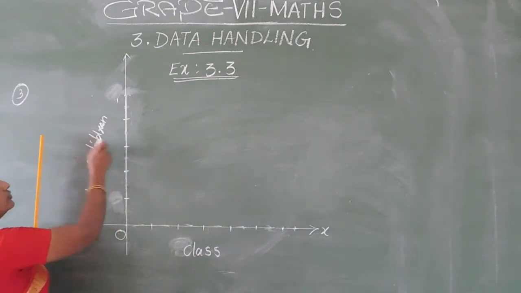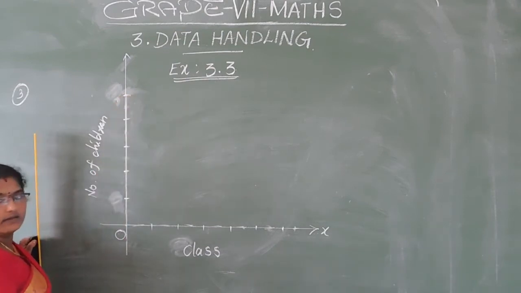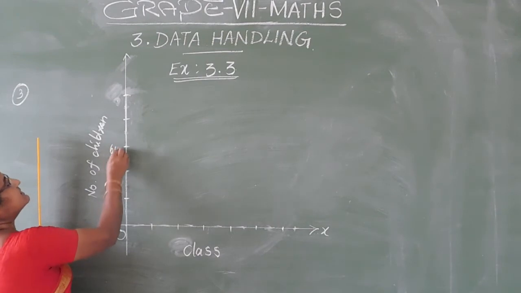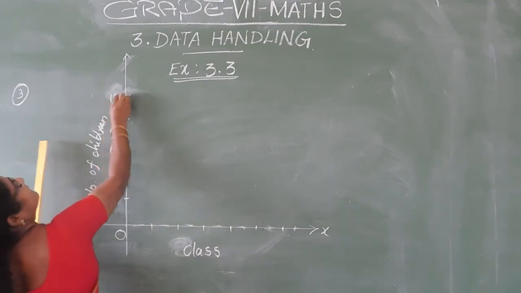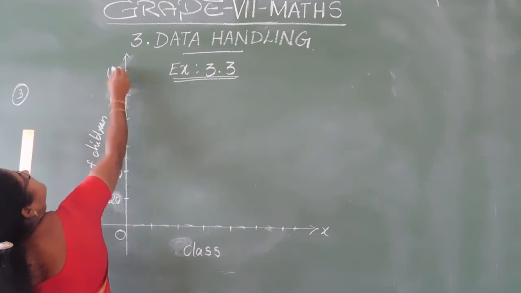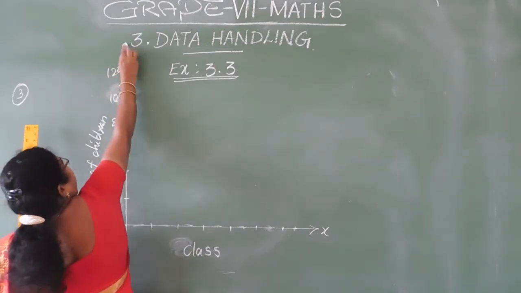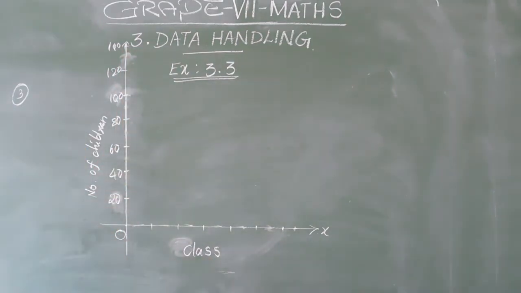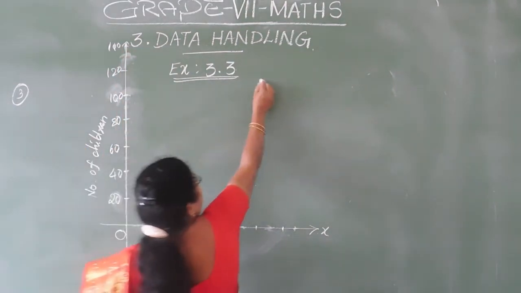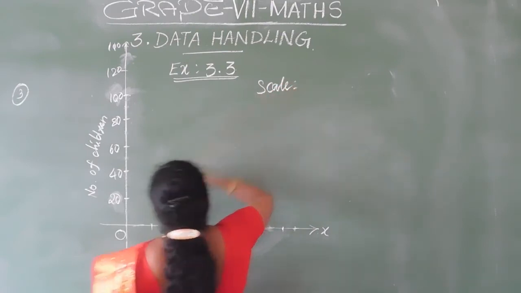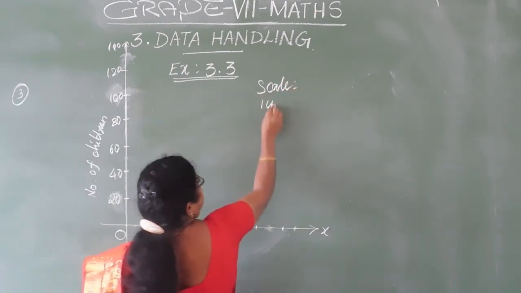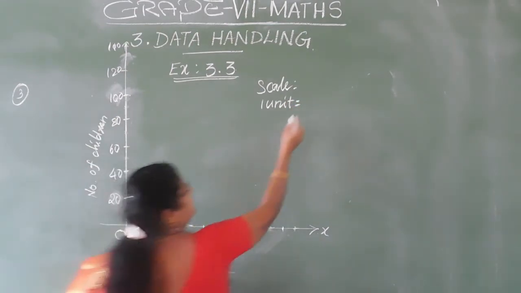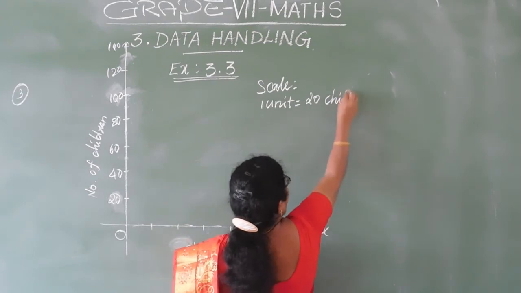It's better to mark 20 units, 20 children in each unit. 20, 40, 60, 80, 100, then 120, then 20 children.